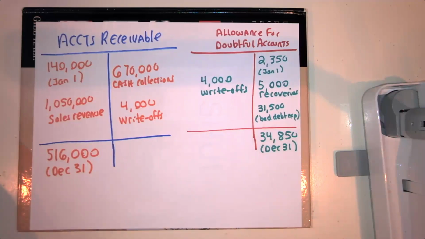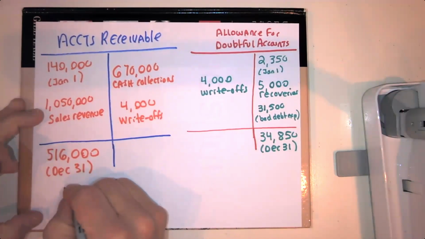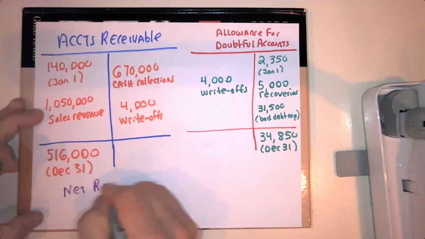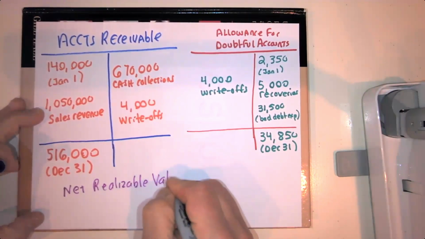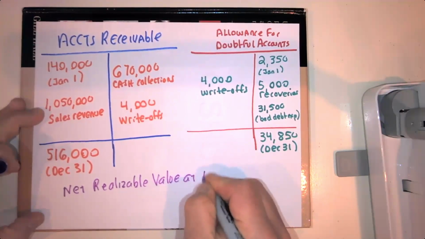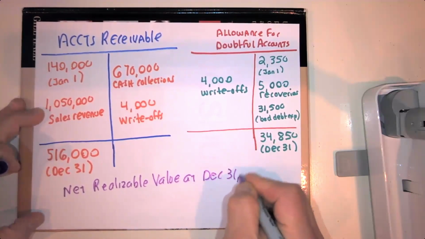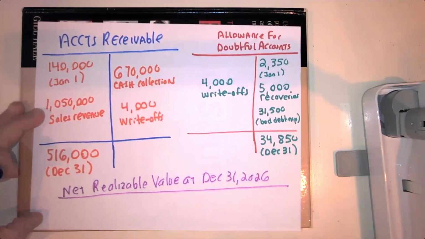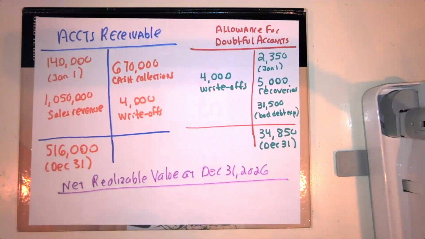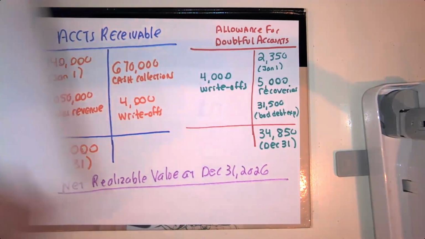Well, what they've asked for is the net realizable value. They've asked us to calculate the net realizable value of our accounts receivable at December 31, 2026. And we know our equation to calculate the net realizable value right here.